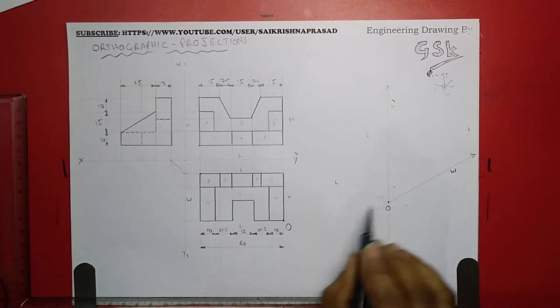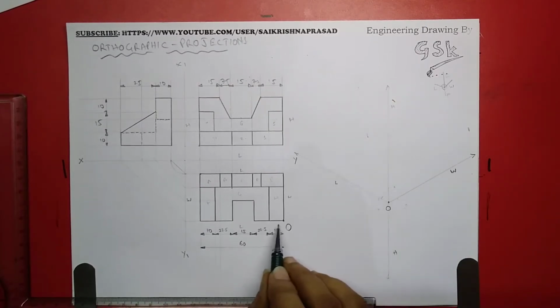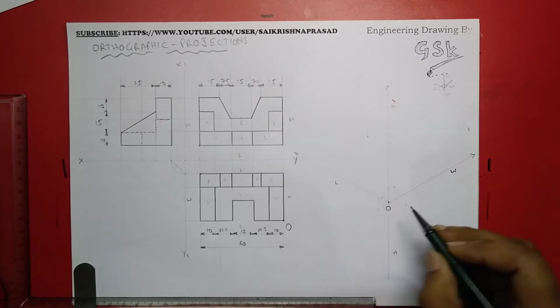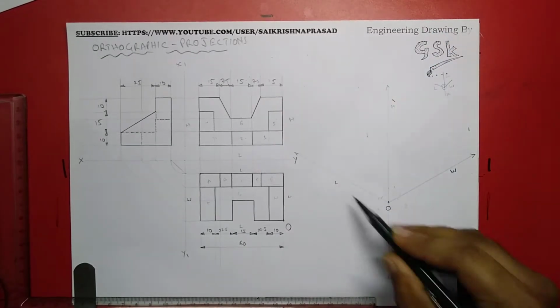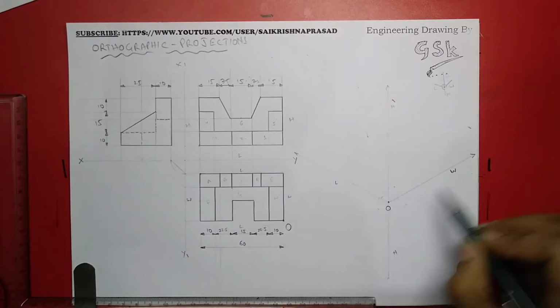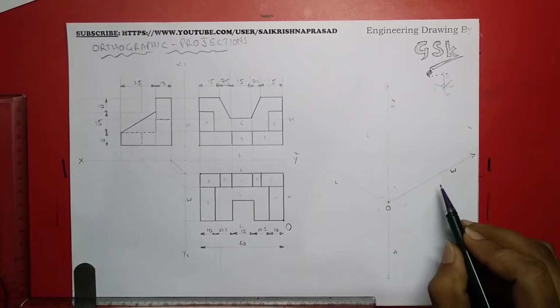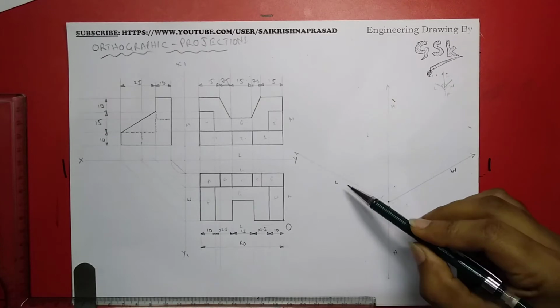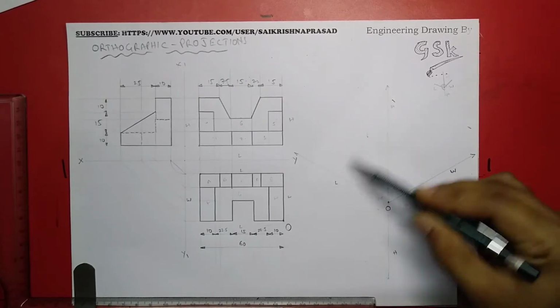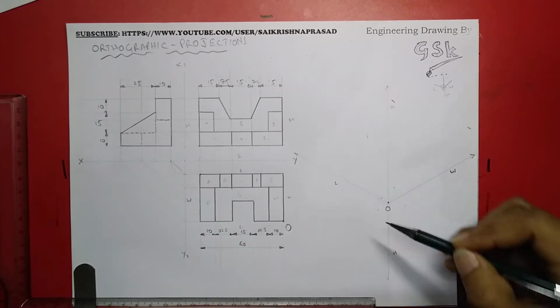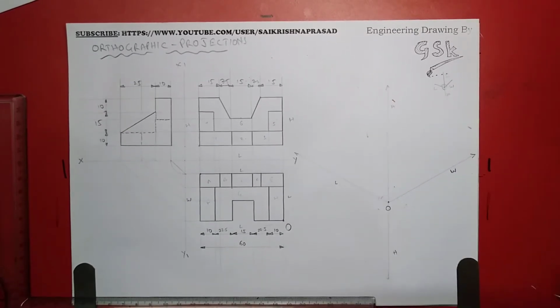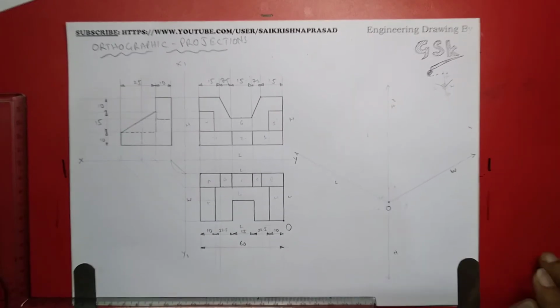Whatever dimensions I'll be taking on this line would be length, on this line would be width, on this line would be height. So these three are called isometric axis, and whatever lines that we draw parallel to these lines are called isometric lines.